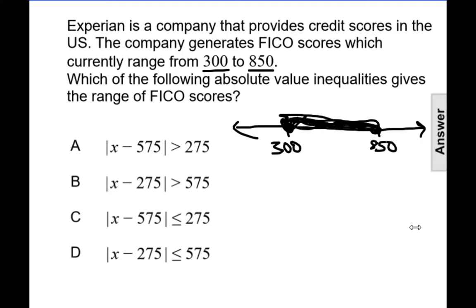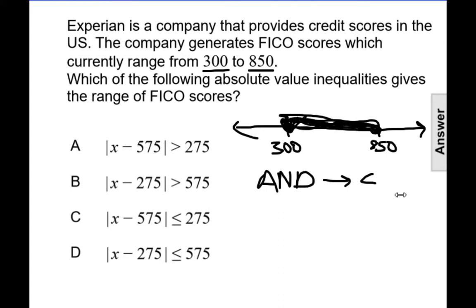And we can relate this compound inequality to an absolute value inequality. Well, when it's an intersection, when our values are in between, this is creating an "and" compound inequality. And when we have an "and" compound inequality, we can relate that to a less than absolute value inequality, right?